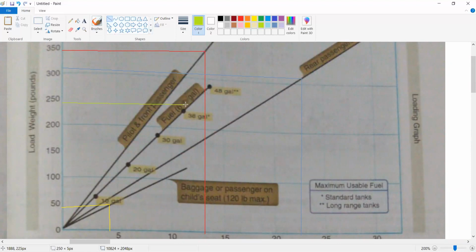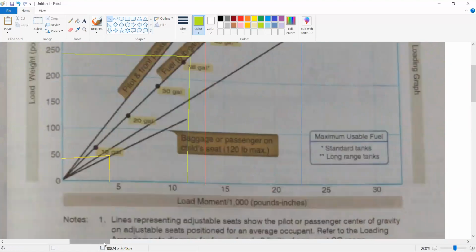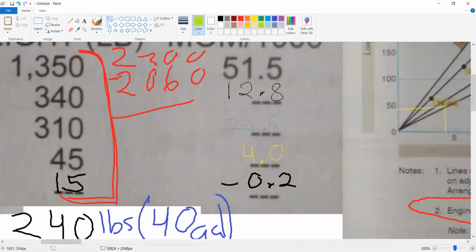We go to fuel, which is about here. And we go down. And that's about between 12 and 11. And the book says it's 11.5. So write that here, 11.5.